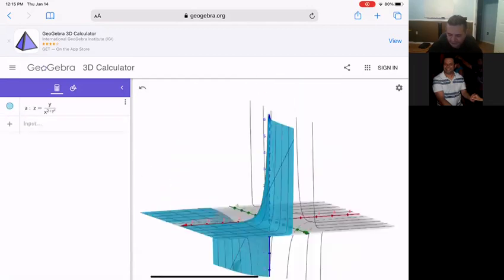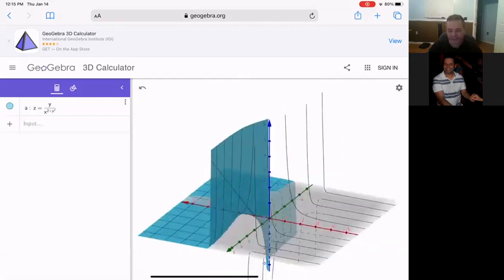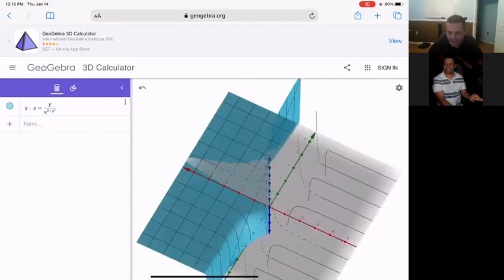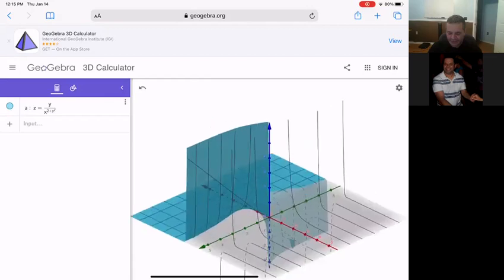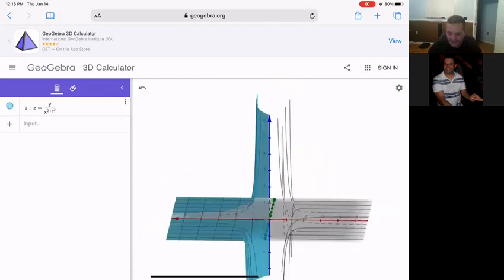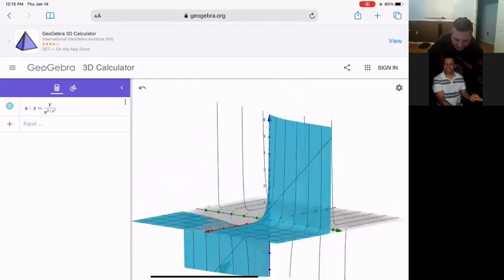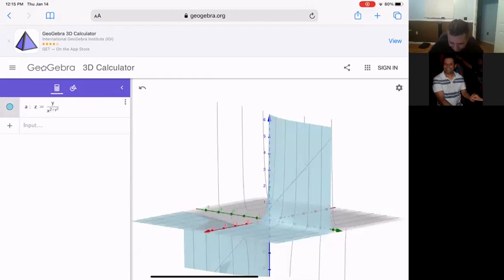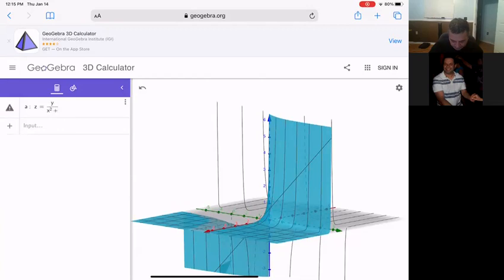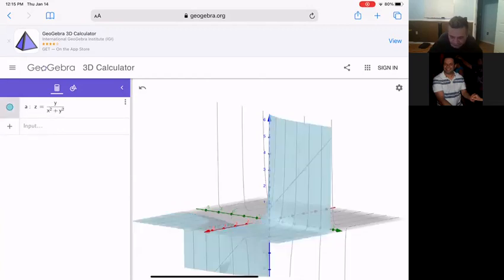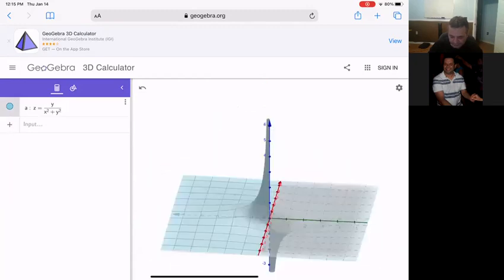So let's take a look. This is basically what it looks like. You guys can play around with a graphing calculator, and you can see it's that sort of thing there. Oh, actually I have it wrong here. That's better.